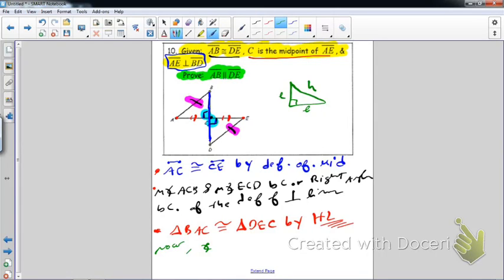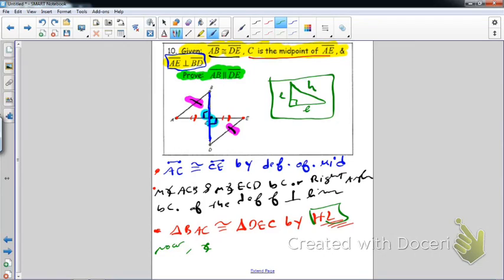And we know that the 90 degrees is always opposite of the hypotenuse. So because of that piece of information that you see here, I can claim that HL means that the hypotenuse and leg are congruent for the two triangles, as you can see here with the little marking that I did for you. Because of that, I can say that they are congruent.